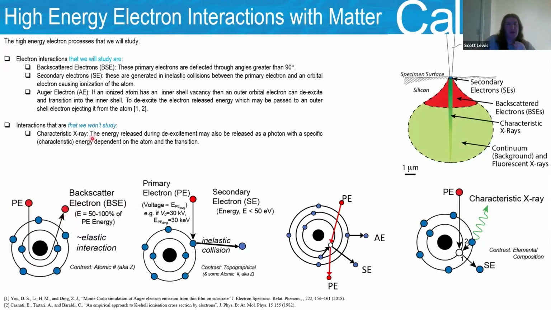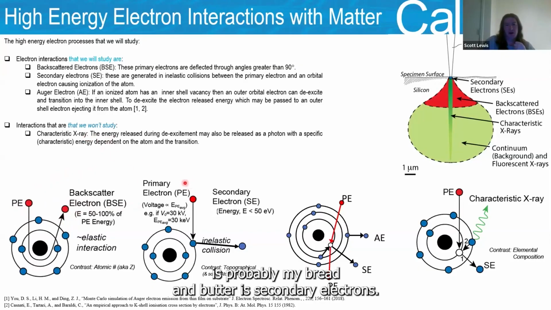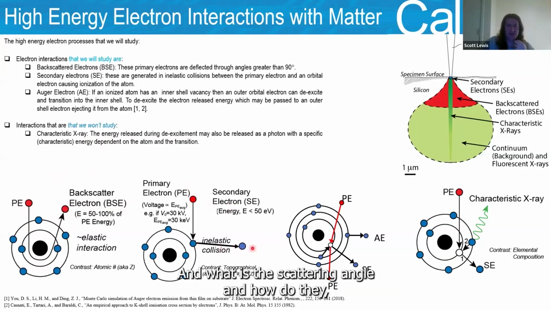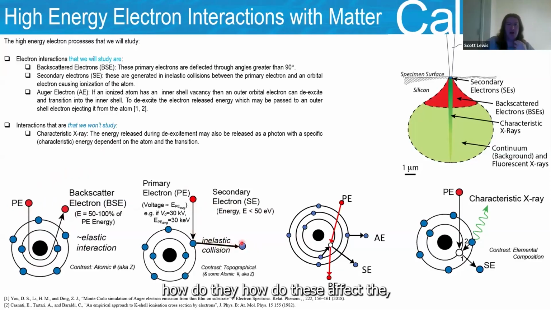The second thing, which is probably my bread and butter, is secondary electrons: how are they generated, what is the scattering angle, and how do these affect the materials. So we will study this, and then this is really interesting.